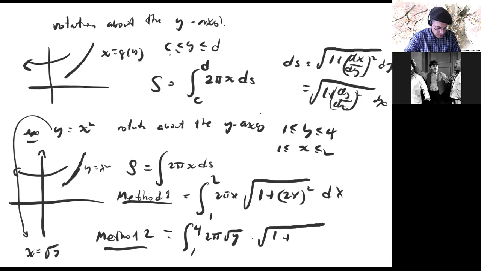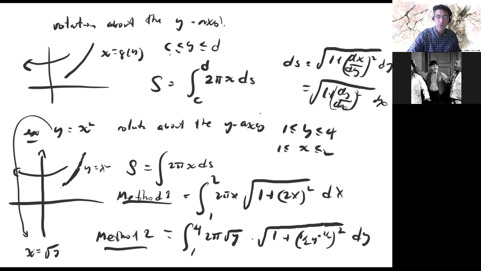What is dx/dy? dx/dy is 1/2 y to the minus a half, squared, and then you're going to get a dy. Both these integrals will give the same answer, and they're both about equally difficult, but I'm going to just do method 1. You're free to try method 2. You'll get the same answer with slightly more algebra in method 2.